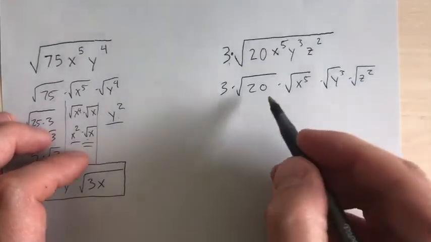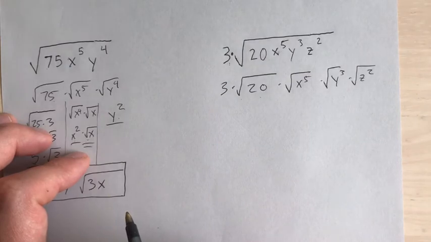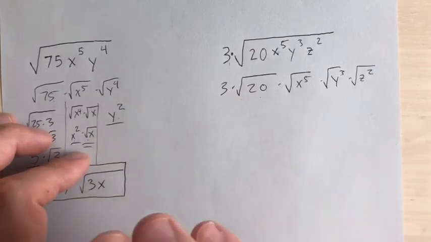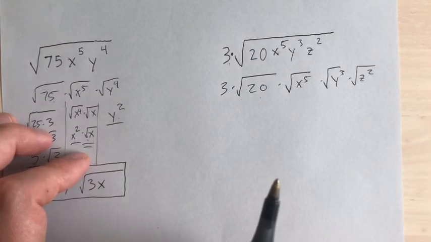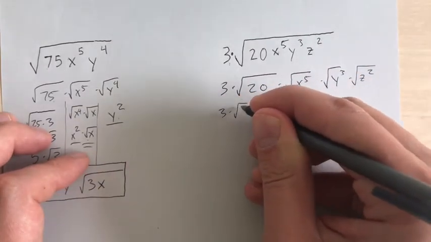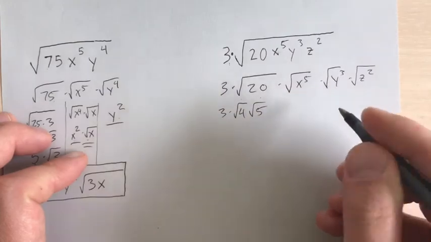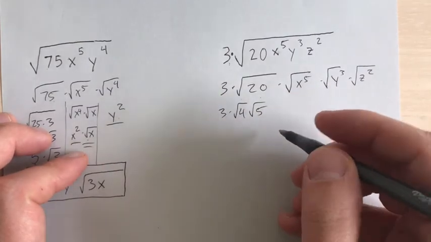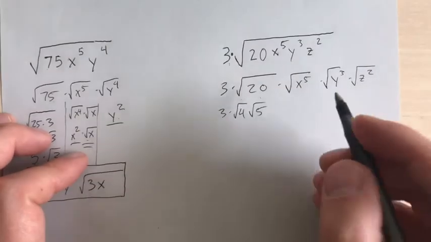Here we go. 20, think of ways to multiply to get to 20. You might say 10 and 2, but square root of 10 and square root of 2 are not nice numbers. So I'm thinking maybe the square root of 4 times square root of 5, because the square root of 4 is a nice number. So we'll do 3, square root of 4, square root of 5.